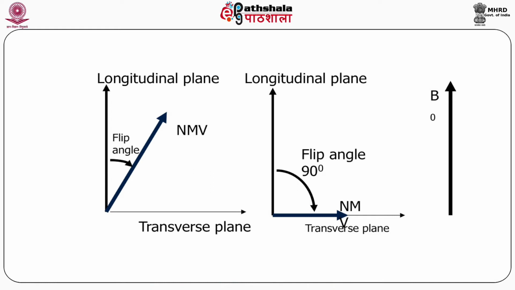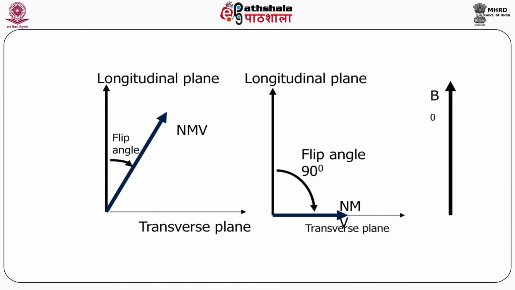This is the flipping of net magnetization towards the transverse direction, known as the transverse magnetization vector, and in this figure I have applied a 90 degree RF pulse. That means the nuclei are flipped by an angle of 90 degrees.